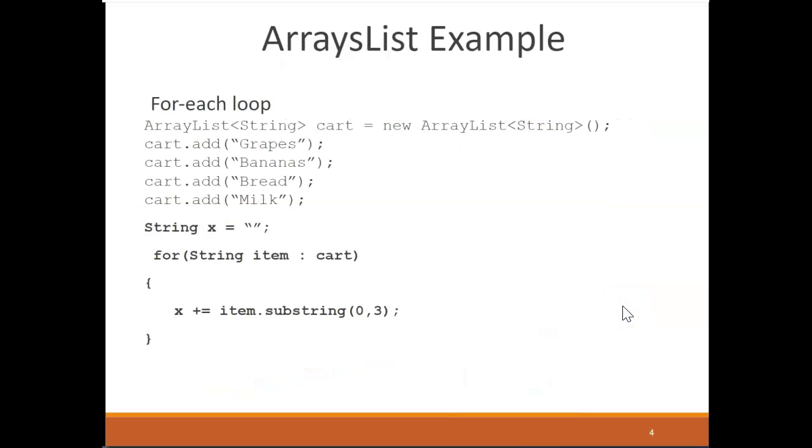So here's an example of a for each loop using strings and an array list. If we have ArrayList<String> cart equals new ArrayList<String>, and then we add grapes, bananas, bread, and milk. Then if we initialize some string value x to just an empty string, and say for String item in cart, so for each item in the cart, x plus equals item.substring(0, 3).